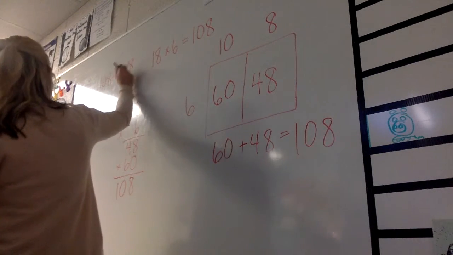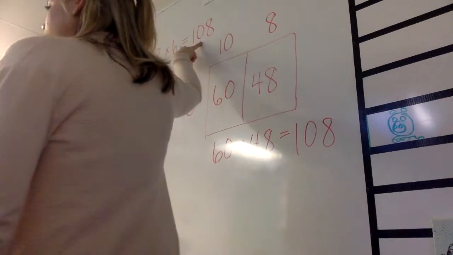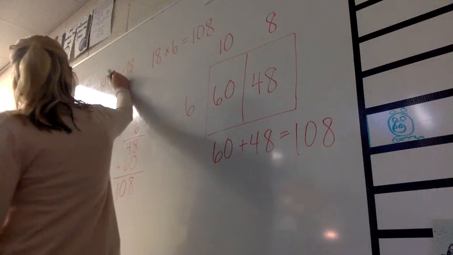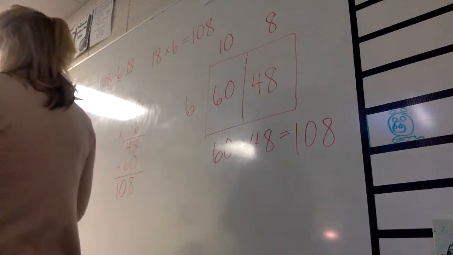I can use 18 times 6 equals 108 to see if I am correct. So I can use the divisor and the quotient to see if I am correct.